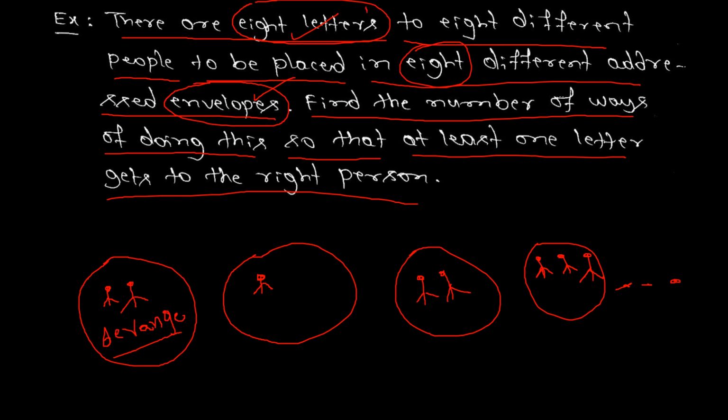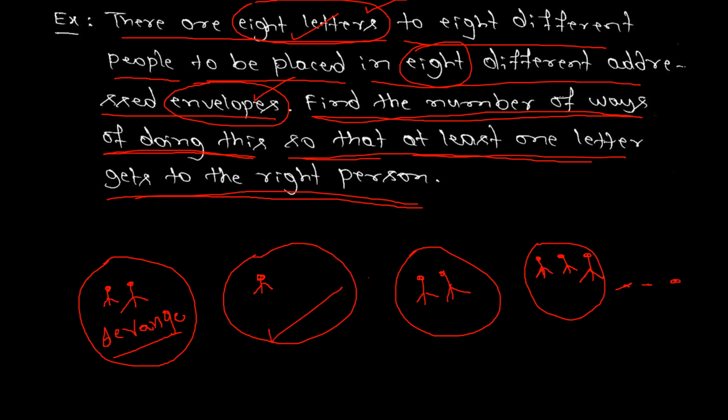Now what is the question? They are asking us to find the number of ways of doing this so that at least one letter gets into the right person. That means we need to count the possibilities in this set union, because it is at least one.